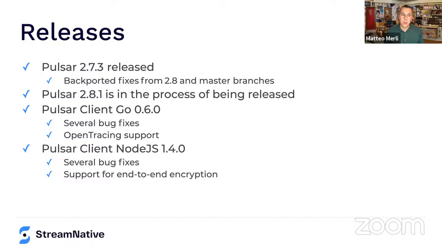This is the officially supported C++ version of the Node.js client. The new feature there, apart from bug fixes, is the support for end-to-end encryption. End-to-end encryption was already supported in Java, C++, and so on, so this has been added to the Node.js client as well.